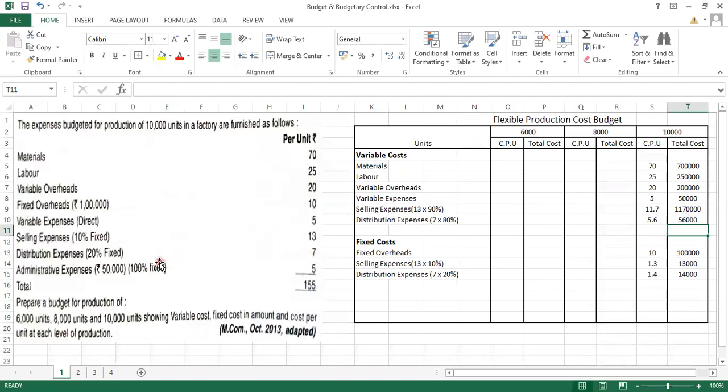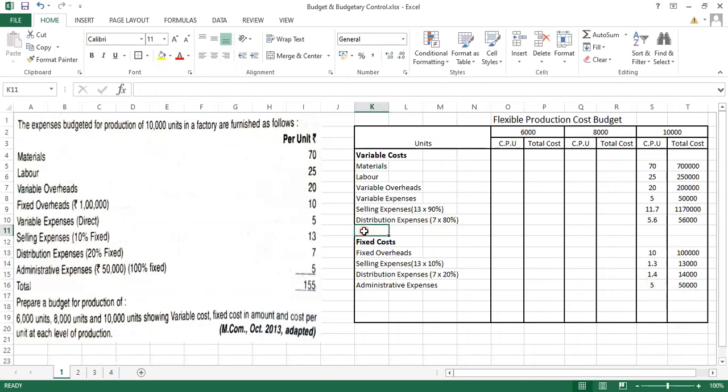Next is administrative expenses, 50,000. Directly they have given us. So just write down over here administrative. 100% is fixed, so 5, and over here, so done.